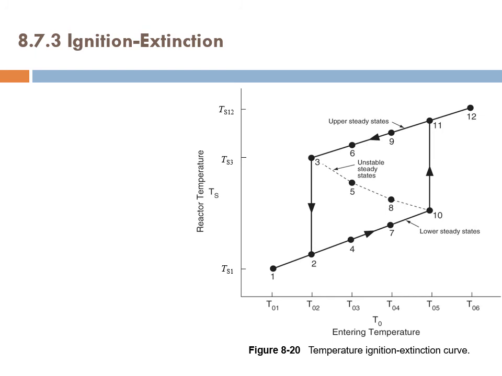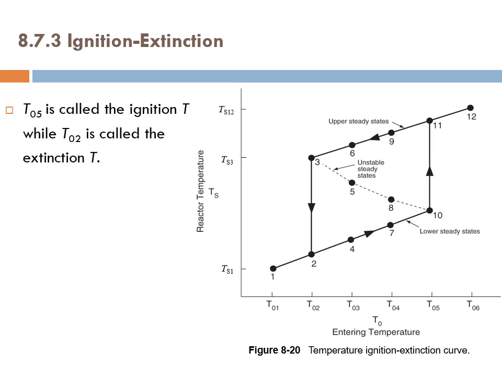Okay, so let's give some names here. Let's blame some people here. Right, so T05, in this case, is called the ignition temperature. If we want to blame anyone, let's blame T0, the feed temperature.